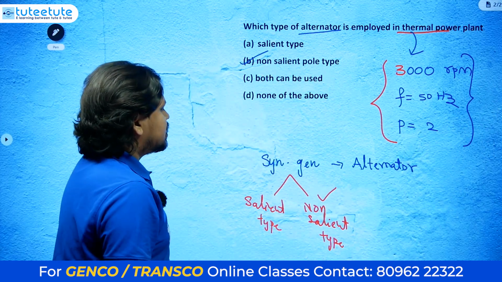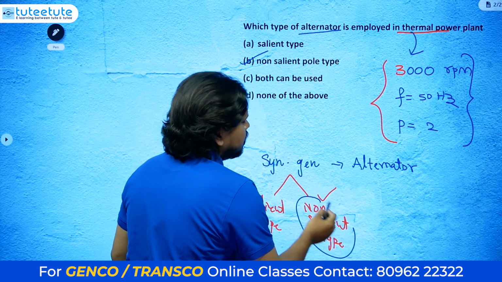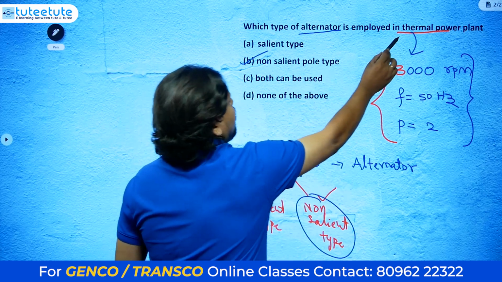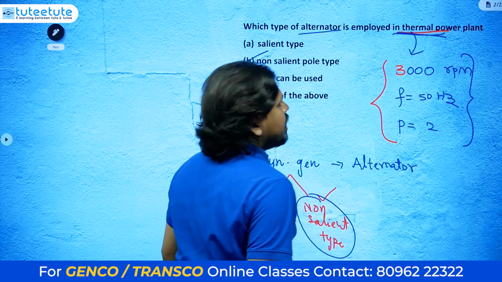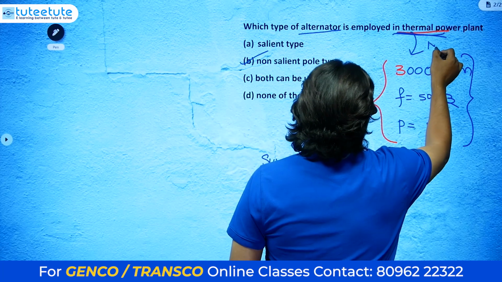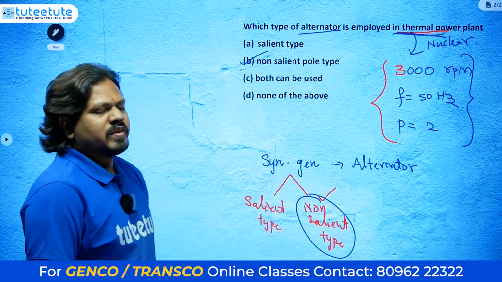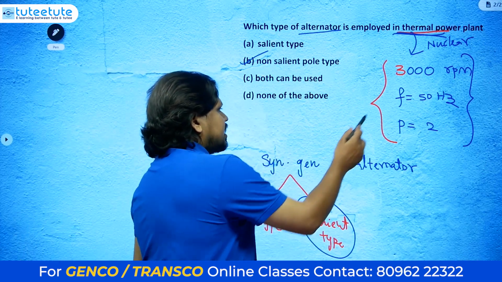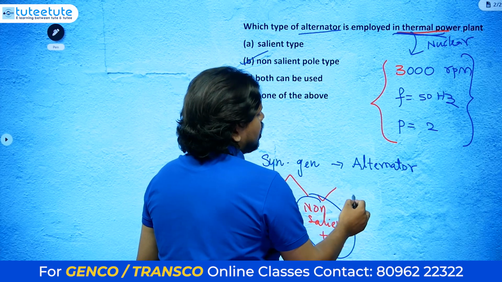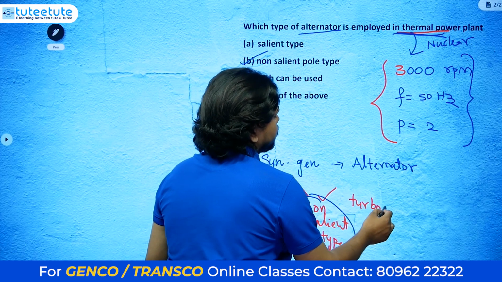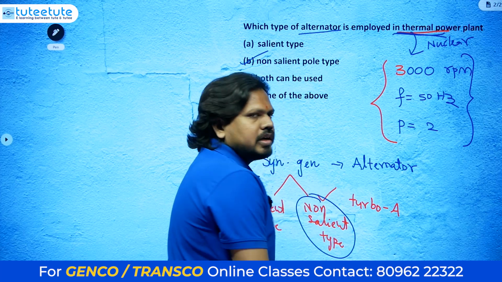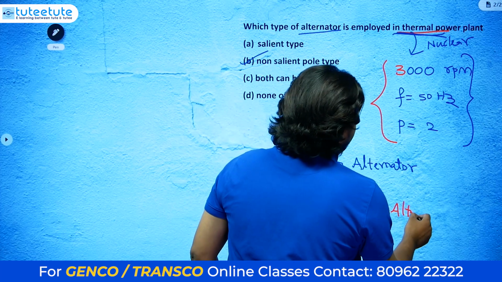So synchronous non-salient pole alternators are used in this kind of power plant, either thermal power plant or similarly nuclear power plant, with the same specifications. Non-salient pole type is also called turbo alternators, or high-speed alternators.